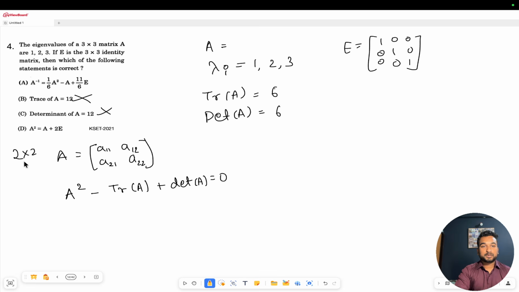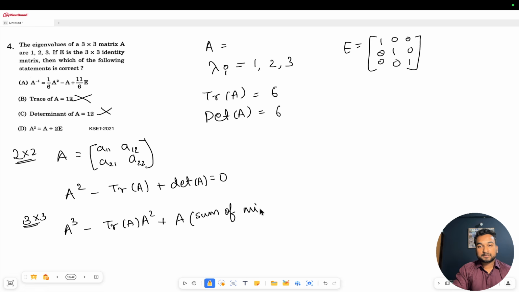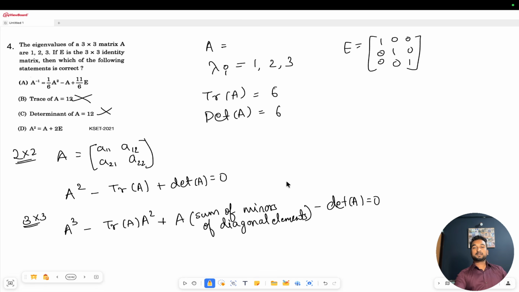For 3 cross 3, it is written as A cube minus trace of A into A square plus A into sum of minors of diagonal elements minus determinant of A equals to 0. Like this you can write.